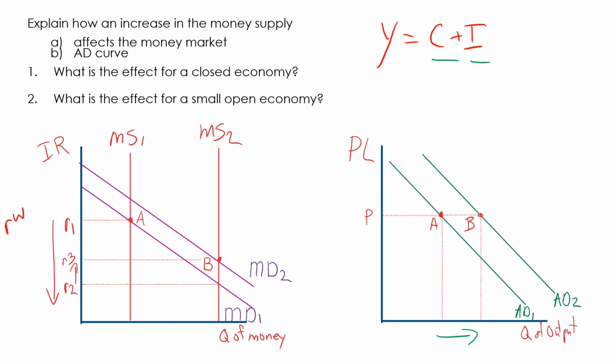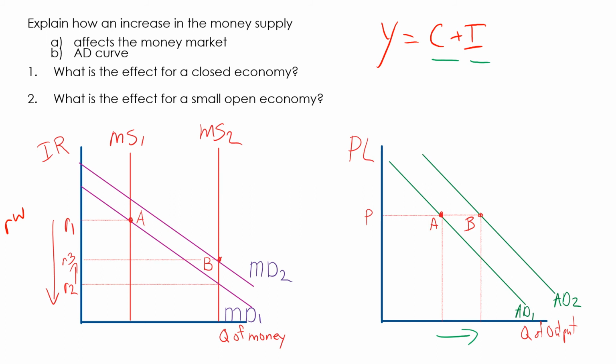Well, what does that mean? According to perfect capital mobility, if we have freedom of capital, capital can move in from foreigners into Canada, and it can move out at their whim, according to the theory of interest rate parity.